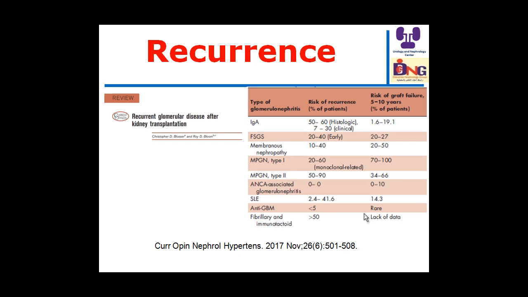Regarding recurrence, this slide summarizes the recurrence after transplantation for all types of glomerulonephritis. If you look at systemic lupus erythematosus, the risk of recurrence ranged from 2.4% to 41.6%, and the risk of graft failure is 14%.